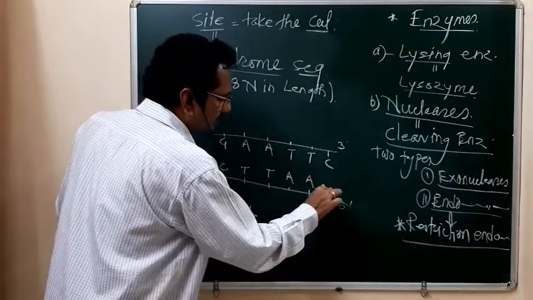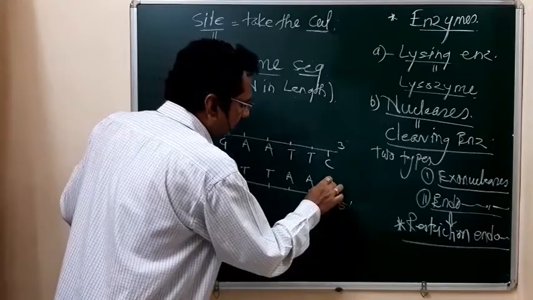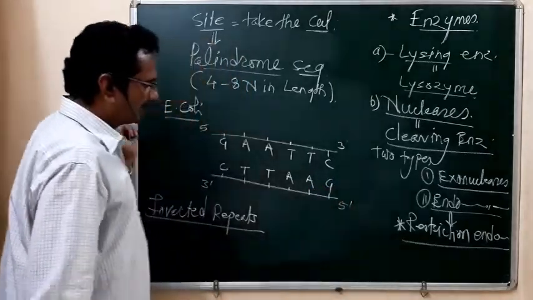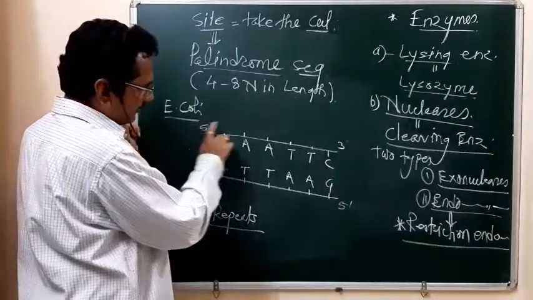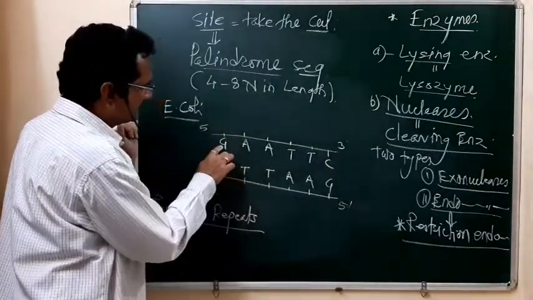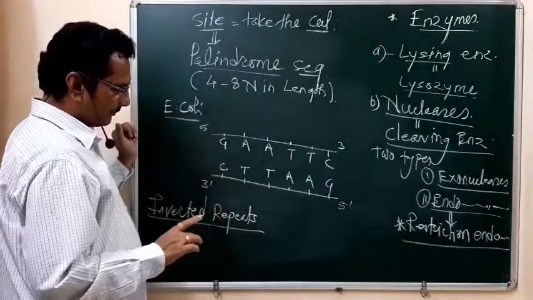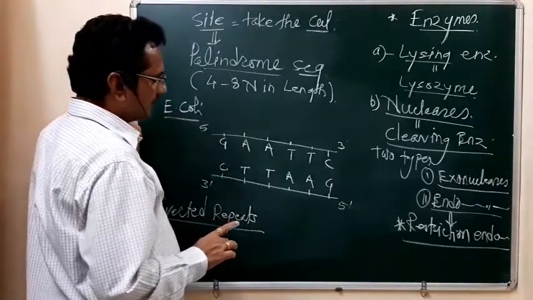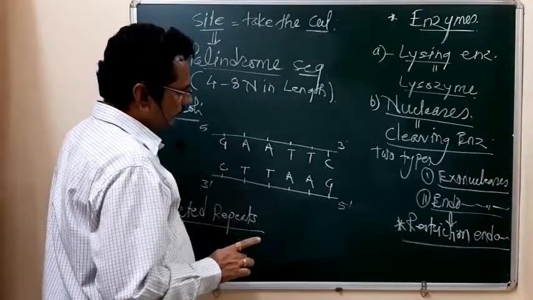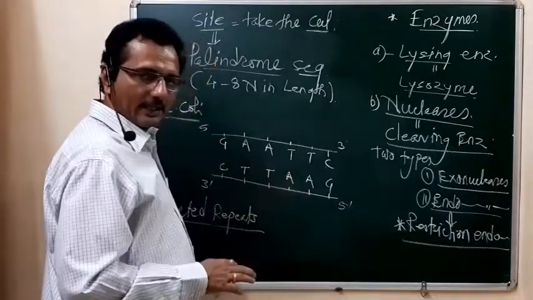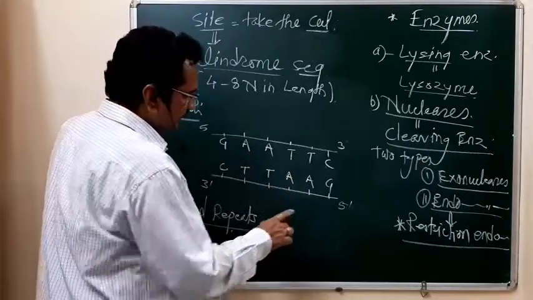So what is the corresponding complementary nucleotide? It is guanine. So read this sequence from the 5' end to the 3' end. It is GAATTC. Okay, the same sequence is observed on the other strand, exactly reversed to the first, that is GAATTC.